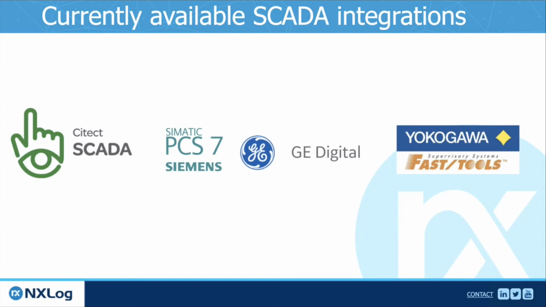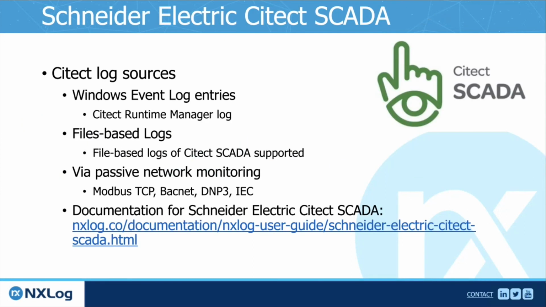So just to not make you sleepy, we'll discuss just one of those implementations. In particular, Citect SCADA has implemented three different types of logs, and there are of course different kinds in those types. Nevertheless, the integration right now uses Windows event log.